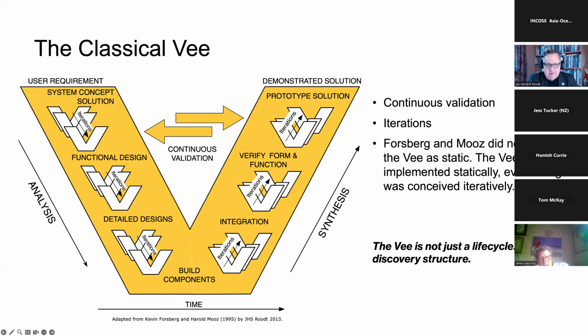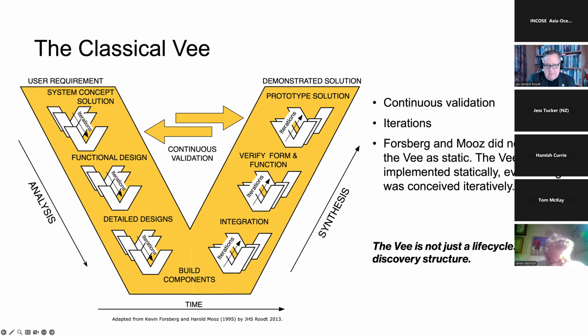So I thought I'd start with some sort of version of the classic V, and I specifically went back to a drawing I made in 2013 to try and explain certain things at Wintech here in New Zealand at the Waikato Institute of Technology while I was working there.